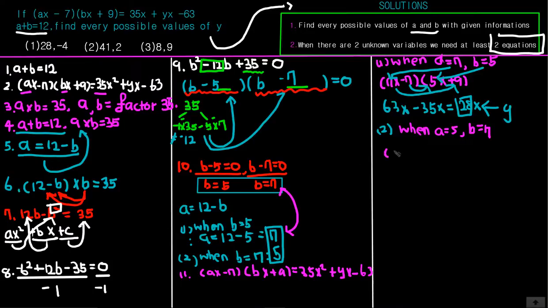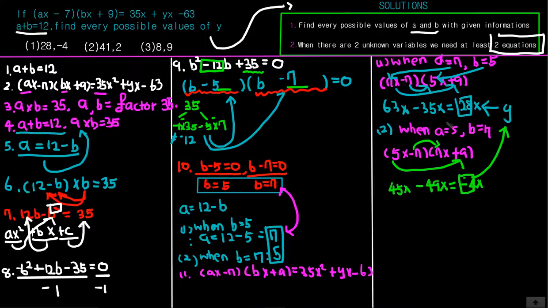So it will be 5x minus 7 times 7x plus 9. Then 5x times 9 is 45x, and minus 7 times 7x is negative 49x, which gives us negative 4x, so the y value is negative 4.